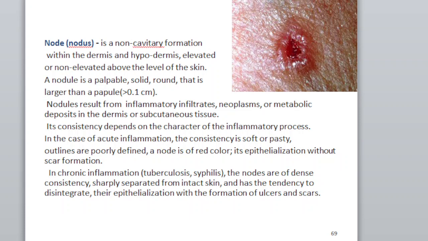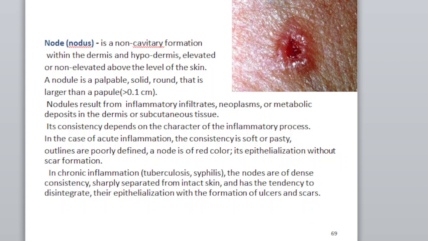Its consistency depends on the character of the inflammatory process. In the case of acute inflammation, the consistency is soft or pasty. Outlines are poorly defined. The node is red in color, with epithelialization without scar formation.